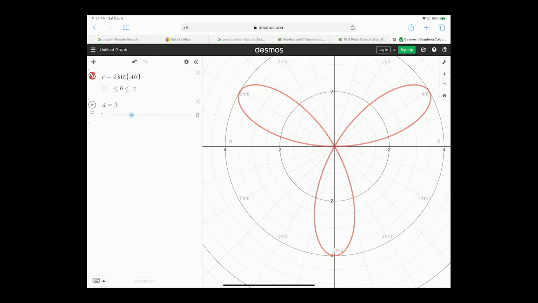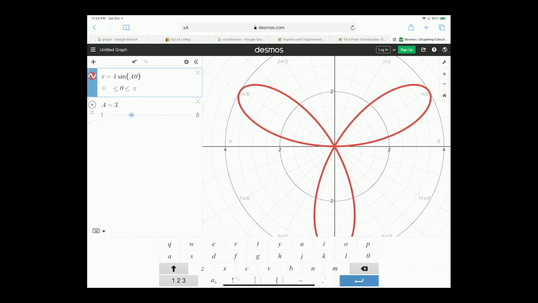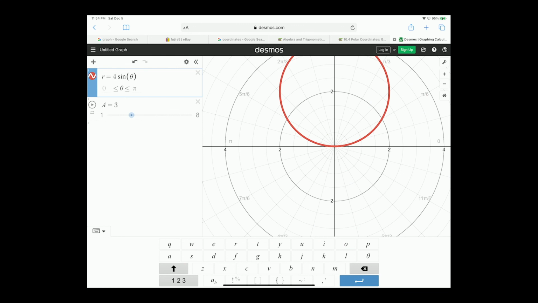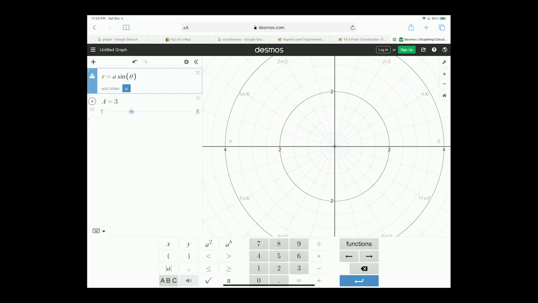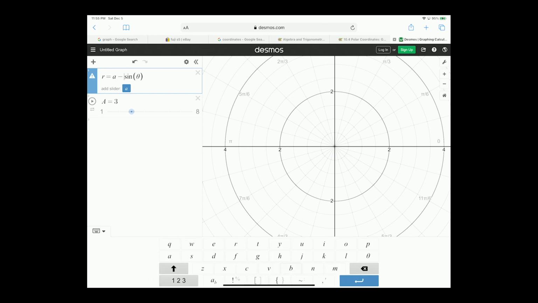Well, we can look at some of the other graphs. So like if I take this off, they say that this is one of our graphs, A minus B sine theta.